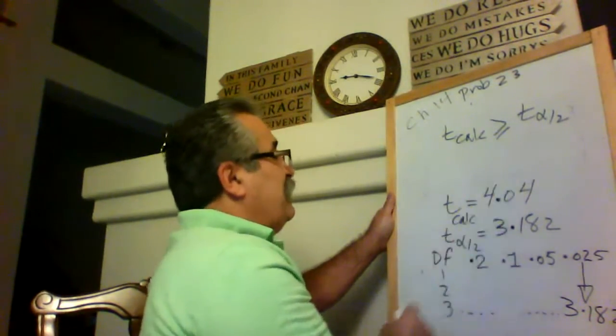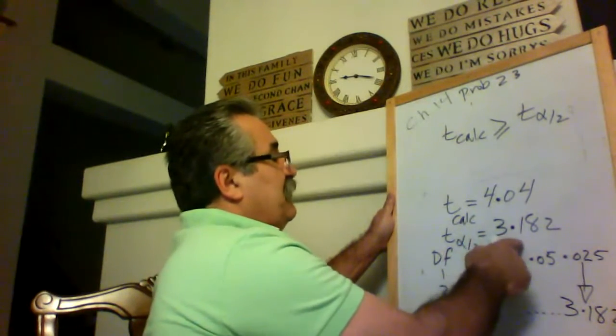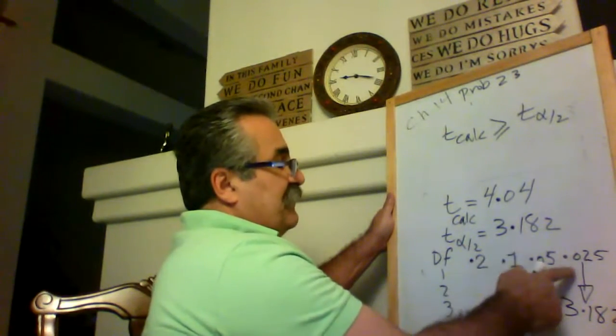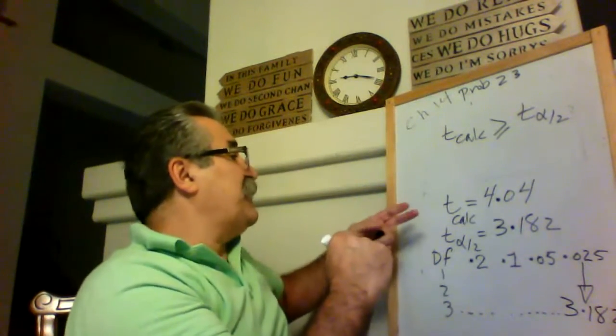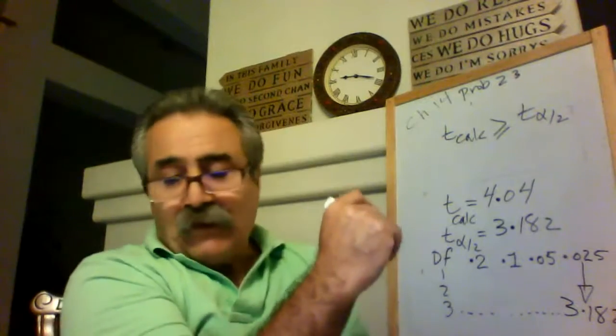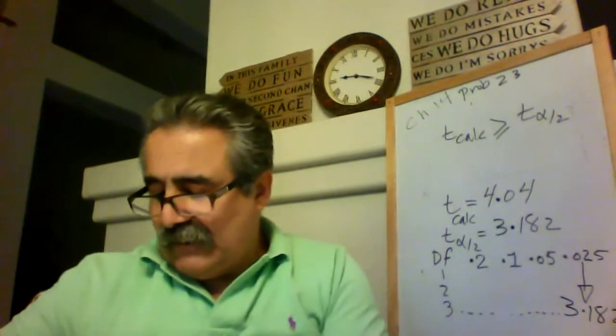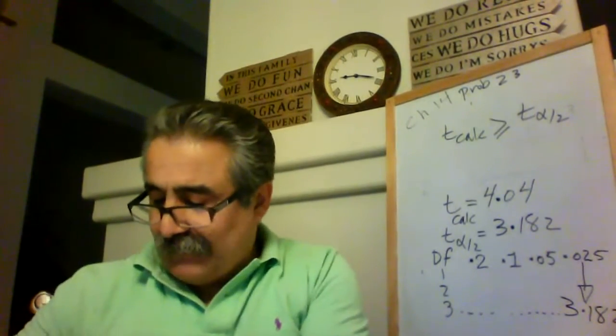If you want to go by p-value, half of the alpha is 0.025. If you want to find what the p-value is, we try to locate 4.04.